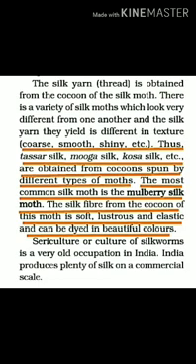And there is a variety of silk moths which look very different from one another, and these silk yarns differ from each other in terms of the texture. Some of these are coarse, smooth, shiny, and examples of silk types are tessar silk, mughal silk, kosa silk, etc. These are obtained from cocoons spun by different types of silk moths, and the most common silk moth that is used is the mulberry silk moth.